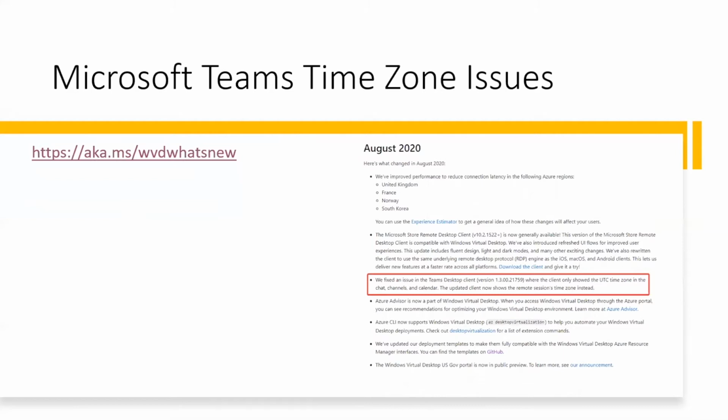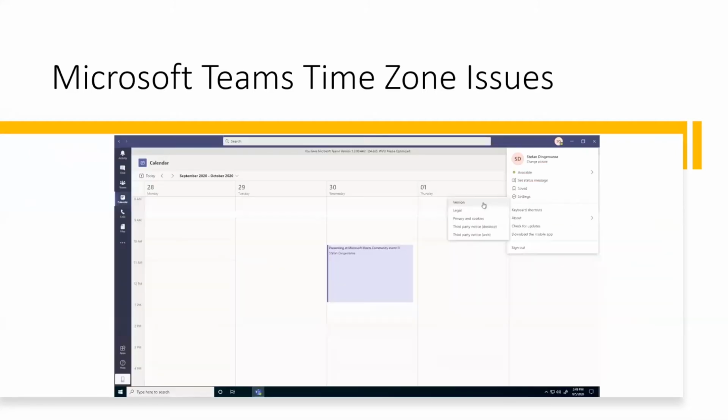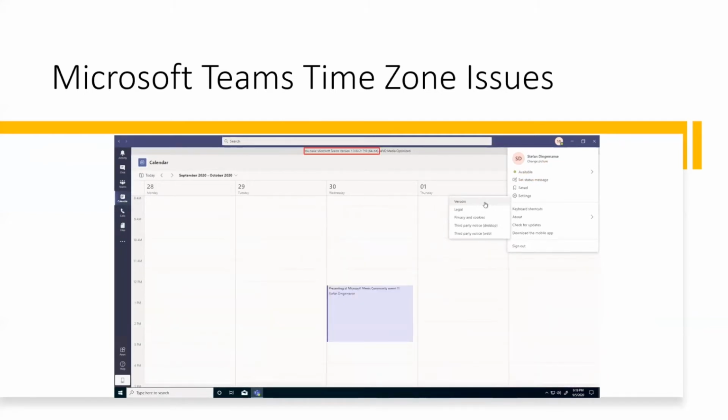When you configure the RDP settings to redirect your time zone on your local client to your WVD session, you will see that within Teams, the correct time zone is being used, for example, in your calendar. You will see a screenshot right before I updated the Microsoft Teams client, and this is the one right after installing the latest version. As you can see, the Microsoft Meets Community event is now showing at the correct time.